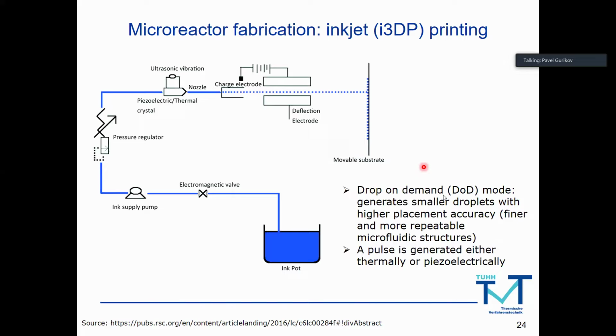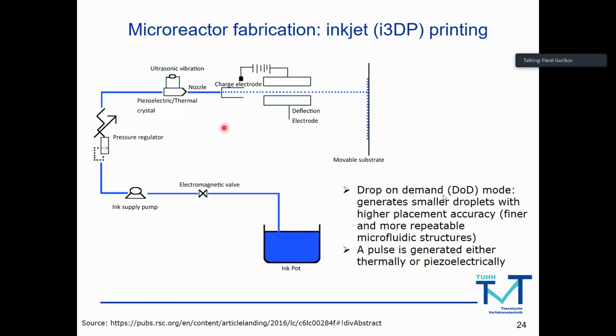The idea is inspired by inkjet printers. You have an ink pot, a compound which can solidify on a substrate. You supply this ink with a pump to a nozzle, which can either be piezoelectrical or thermal. So liquid comes, the crystal vibrates, and you produce very, very small droplets.